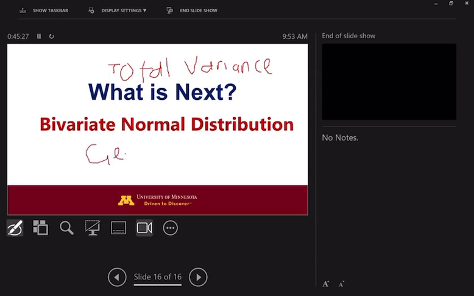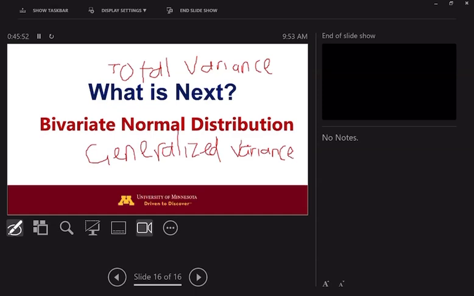Generalized variance is also in that assignment. Please pay attention. Now I'm going to tell you the difference between the two. For total variance, they only want you to add the elements on the diagonal of the variance-covariance matrix.